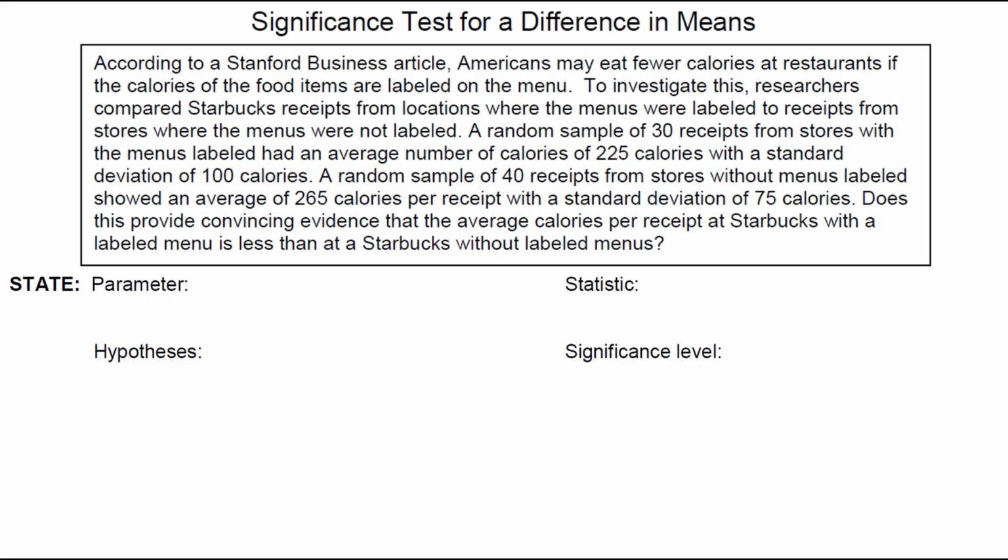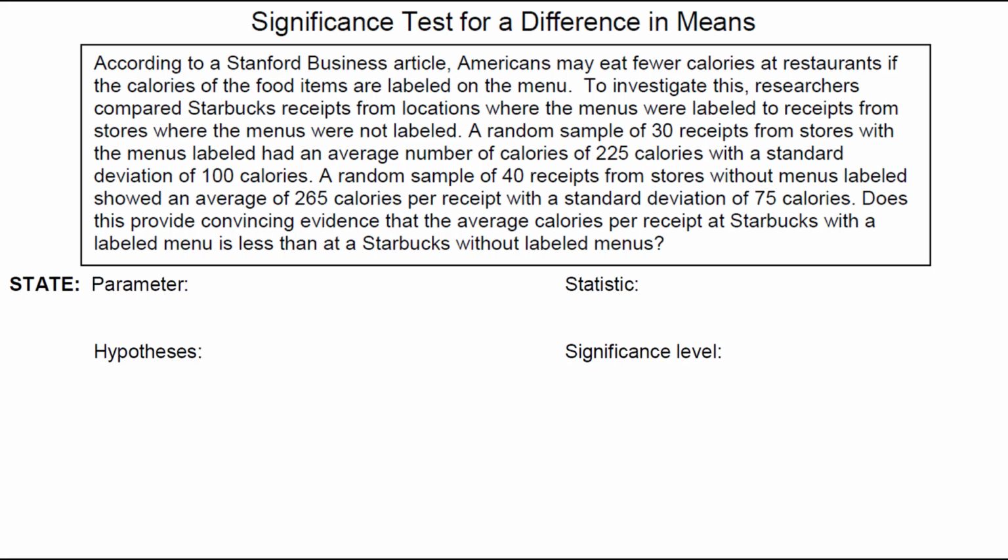According to a Stanford Business article, Americans may eat fewer calories at restaurants if the calories of the food items are labeled on the menu. To investigate this, researchers compared Starbucks receipts from locations where the menus were labeled to receipts from stores where the menus were not labeled. A random sample of 30 receipts from stores with the menus labeled had an average of 225 calories with a standard deviation of 100 calories.